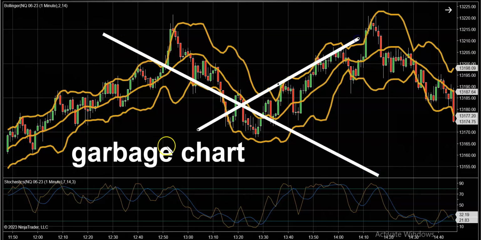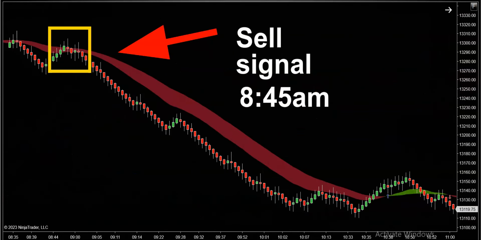This makes absolutely no sense whatsoever. And in order for us to make any moves, we have to be laser focused on only selecting the best setups, and you guys and gals know what's coming next, right?